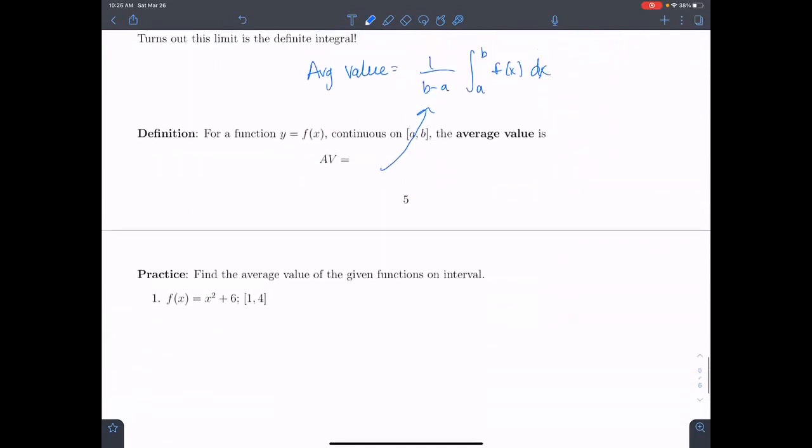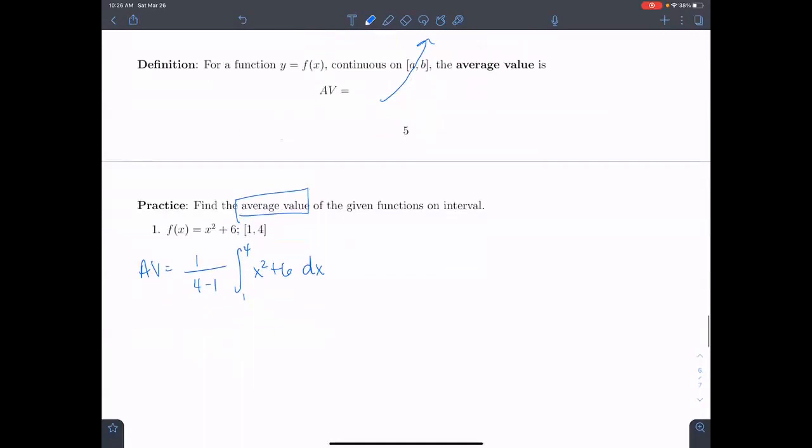So let's do that for some examples. The average value means I'm going to do the integral on that interval, but I'm going to divide by the length of the interval. So average value would be 1 over b minus a times the integral from a to b of x squared plus 6. So this would be 1/3 times the integral from 1 to 4. Actually, I can go ahead and do that. That would be x cubed over 3, increase and divide, plus 6x.